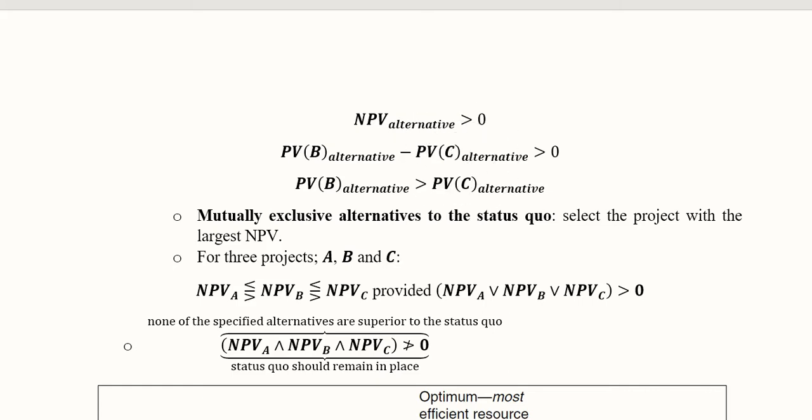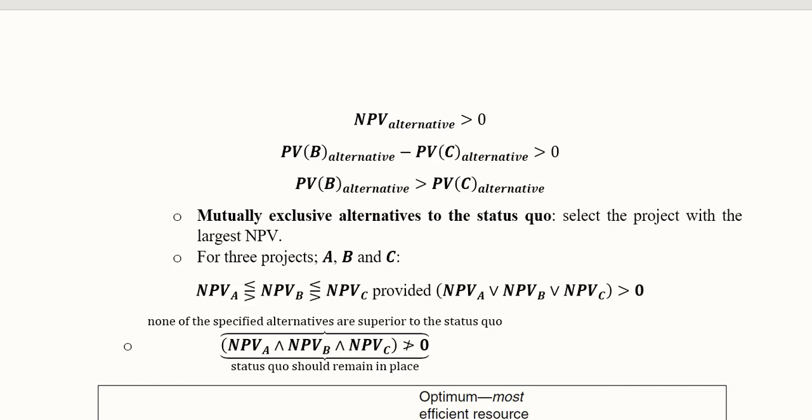Shifting this term to the right hand side, it becomes this inequality, which clearly means that for this alternative the present value of benefits is greater than the present value of the cost, which makes this project desirable as compared to the status quo.